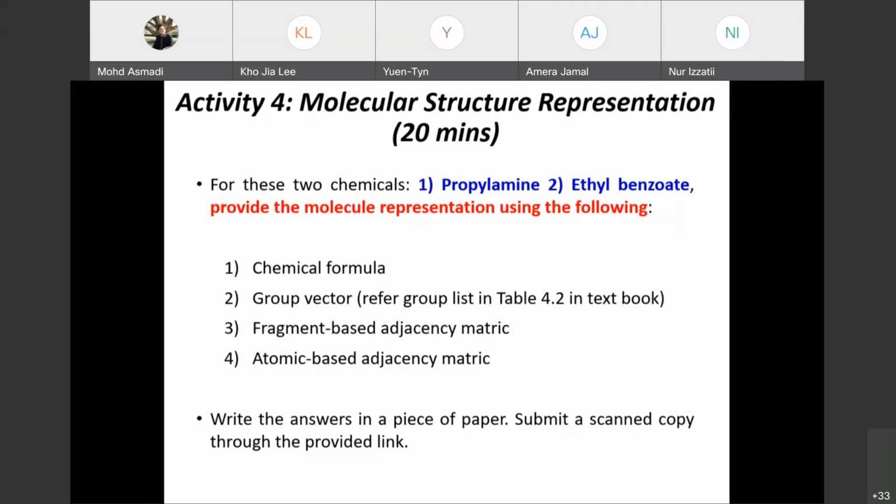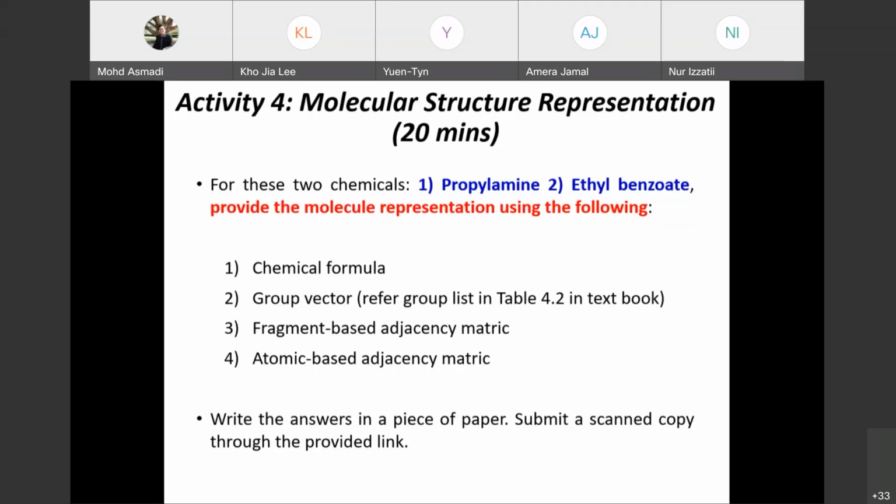I think the fragment for NH2 is not available there, right? Okay, no answer. What's that?